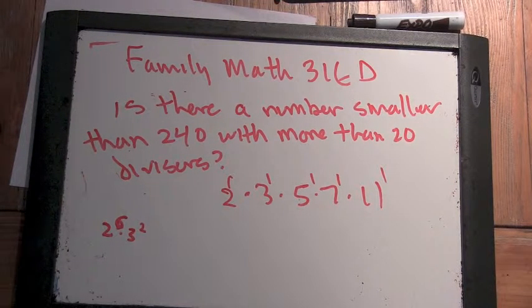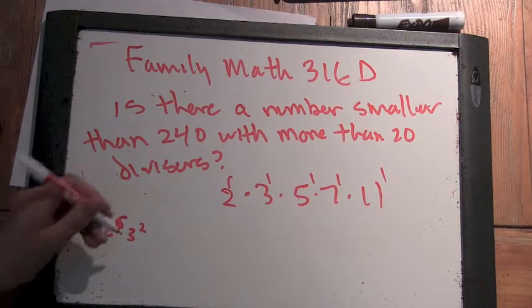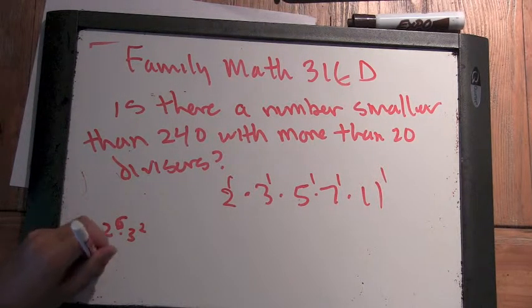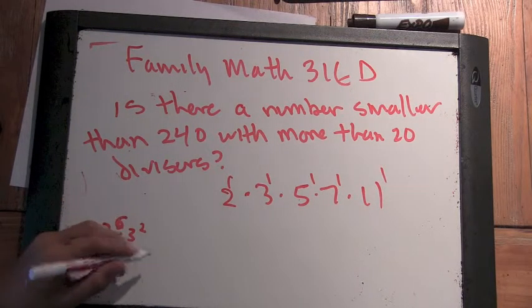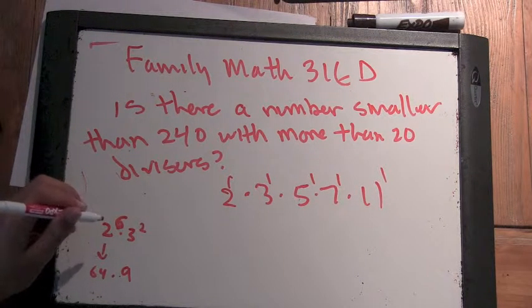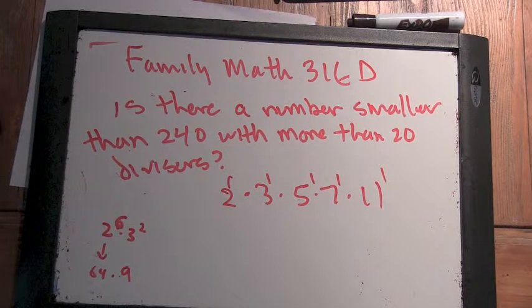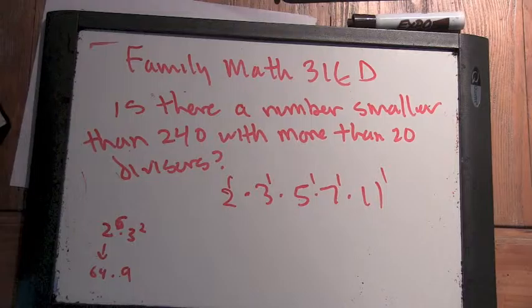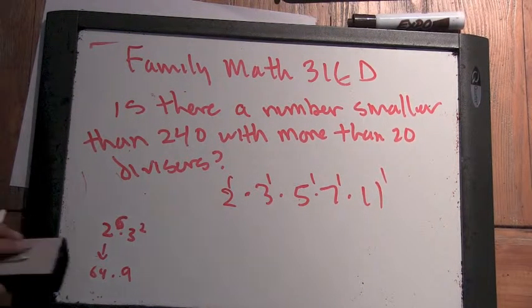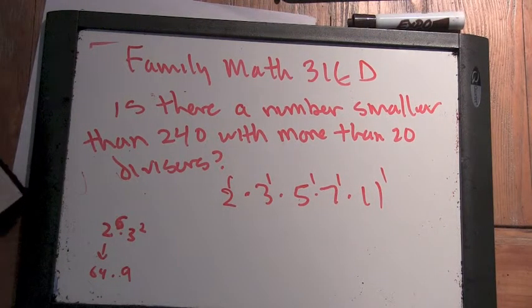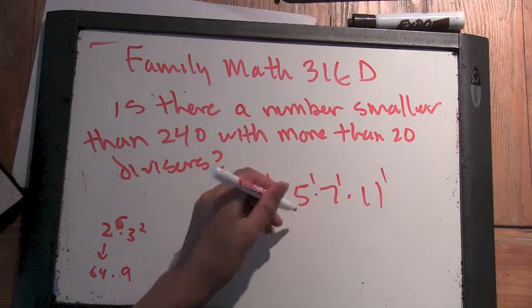Then you have 7 times 3 divisors here. 2 to the 6th is 64, times 9. Is that going to be bigger than 240 or less? It's going to be bigger, because 60 times 4 is 240, and 64 times 9 is close to 640. So this doesn't work.